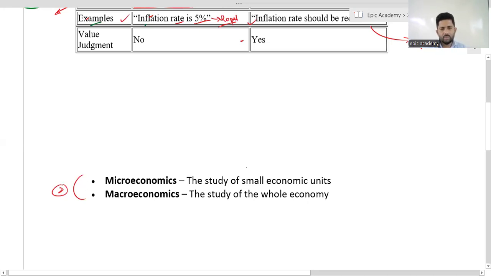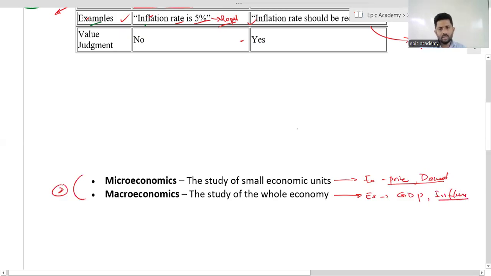Actually, in microeconomics, we are going to study the small economic units, something like price, price of a certain commodity, demand of a certain commodity, something like that. But macroeconomics studies the whole economy. Examples: gross domestic product, inflation.